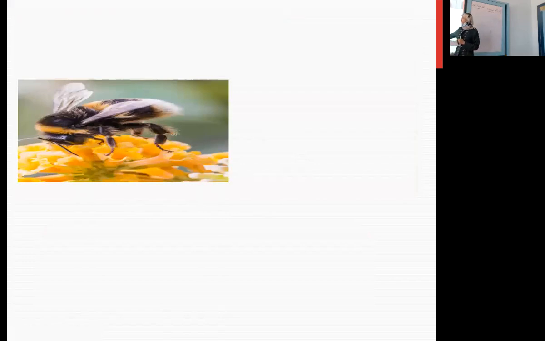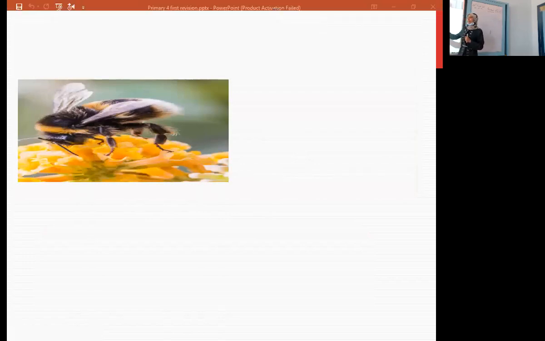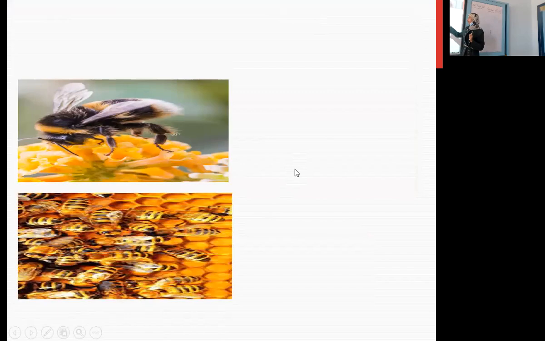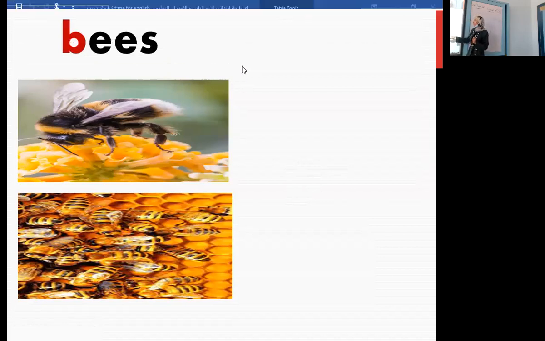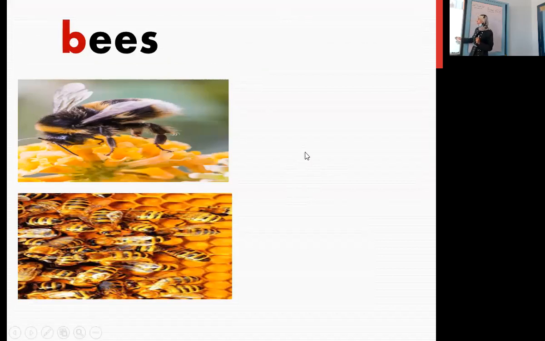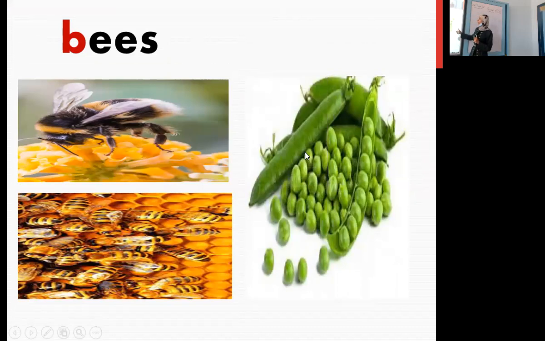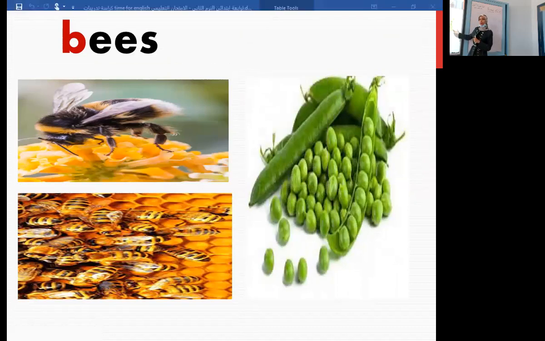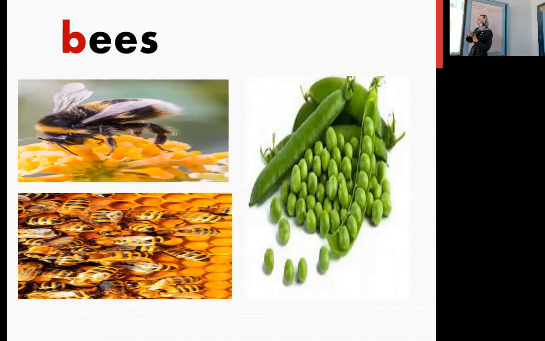What can you see in this picture? Yeah, of course, this is a bee, and these are a group of bees. So we call them bees. And what about the next? Food that we can eat.